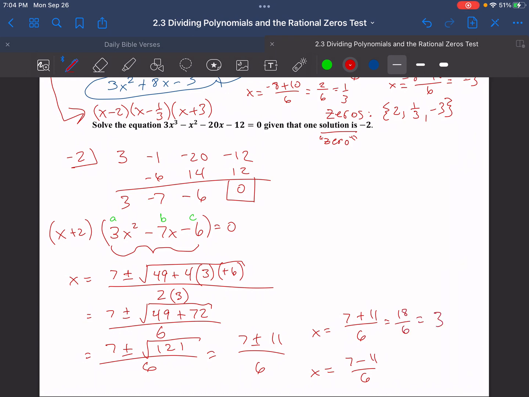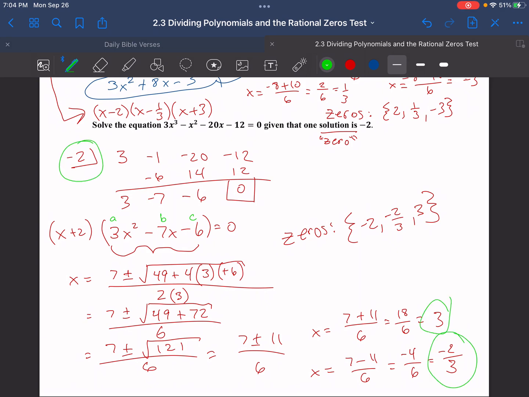So there's one of them. And then the other is 7 minus 11, which is negative 4 over 6, which is negative 2 thirds, just like that. And so now we know the zeros here are negative 2, negative 2 thirds, and 3. We were given the negative 2, and then we found these other two. Okay? So that's pretty much it for that page.